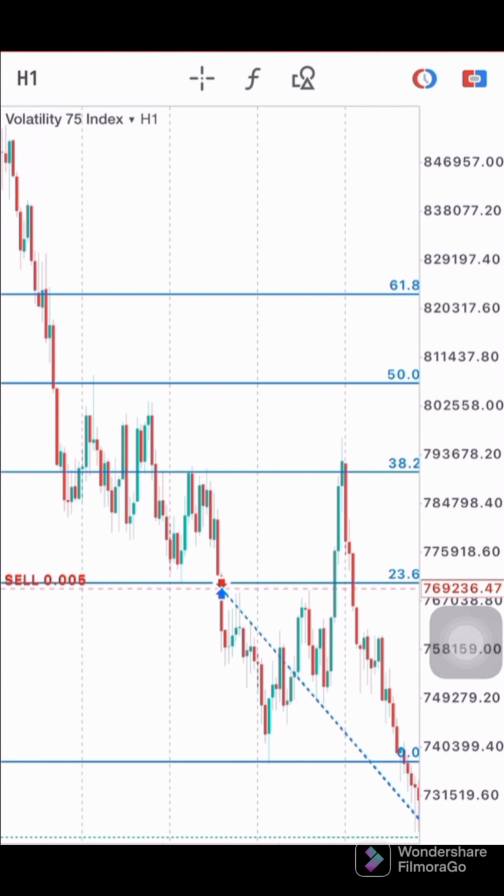So for a downtrend, we start plotting it from the highest level down to the lowest level. For an uptrend, we can plot it from the lowest level to the highest level. Anyhow you want it, you can place it like that.